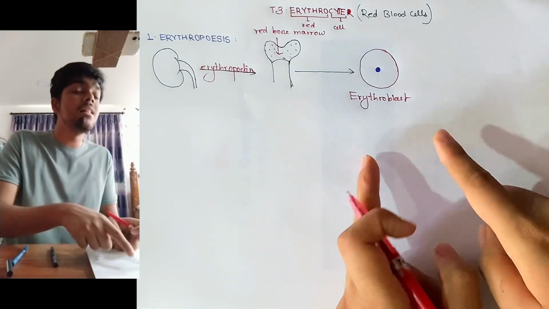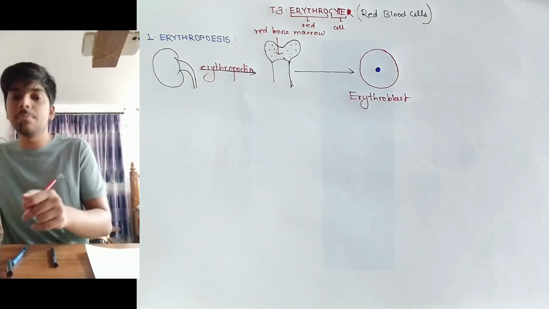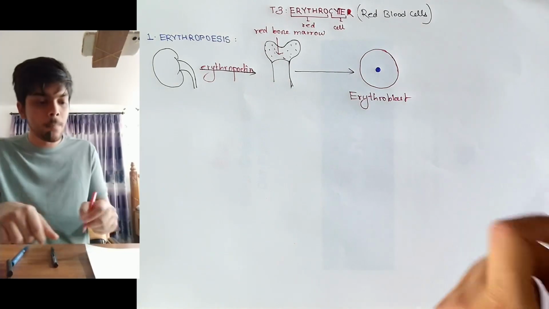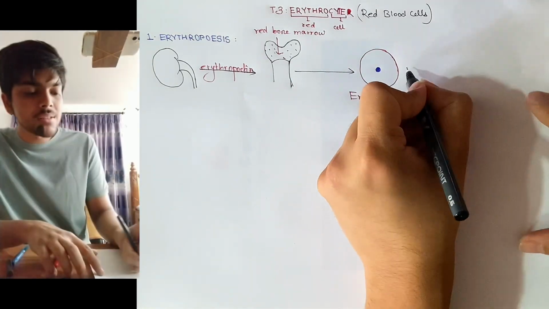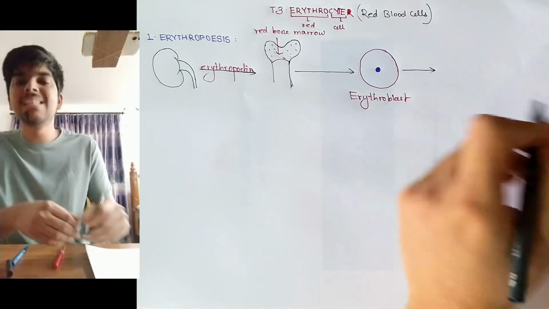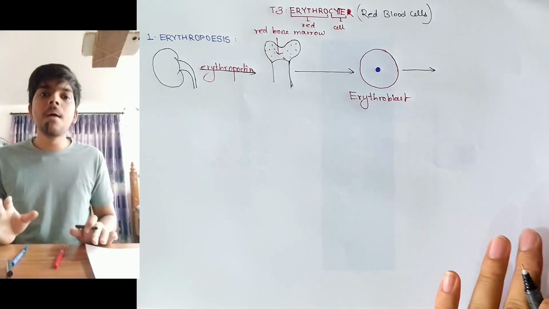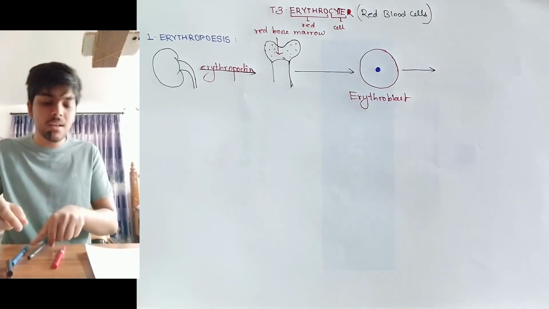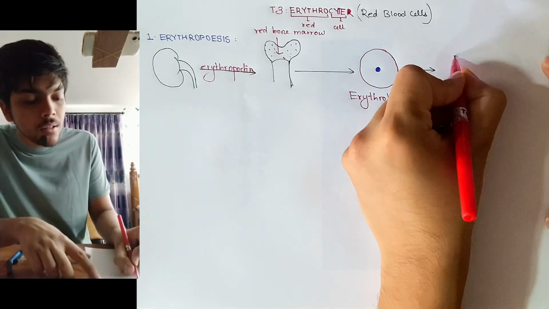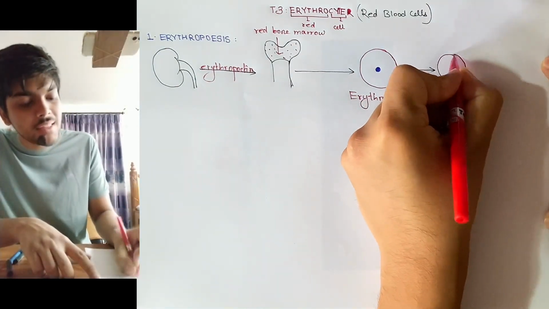So this is the cell that gives rise to RBCs. How? This is how. So firstly, there's your erythroblast. Erythroblast divides and redivides, multiplies, and then finally matures, but partially, to form a cell which looks something like this.